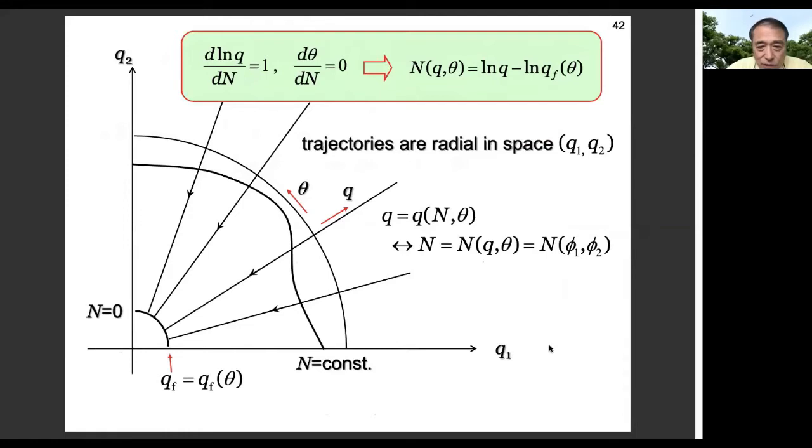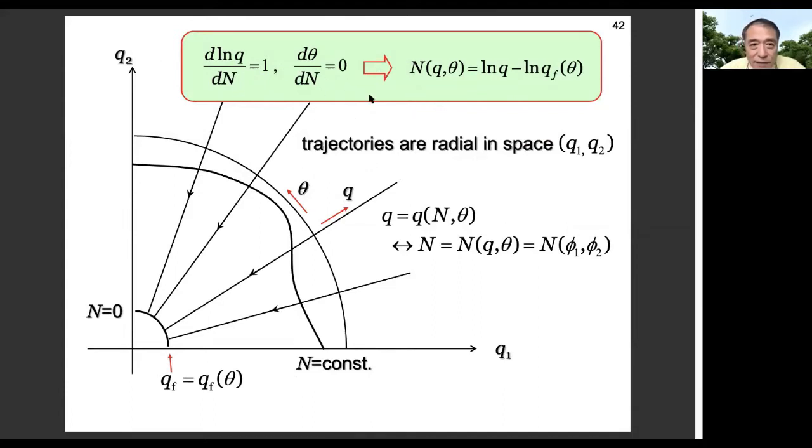Okay, so you have the q1 space and q2 space, which correspond to phi1 and phi2, and in this coordinate system all the trajectories are radial. And theta is just a constant, which means that theta defines the difference between different trajectories.